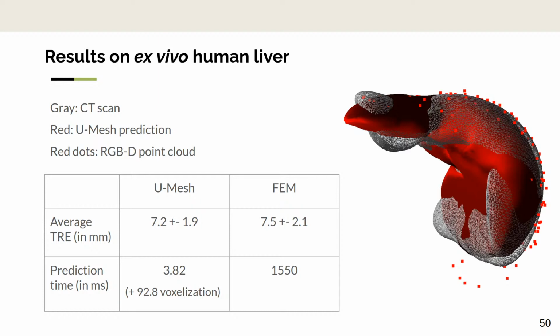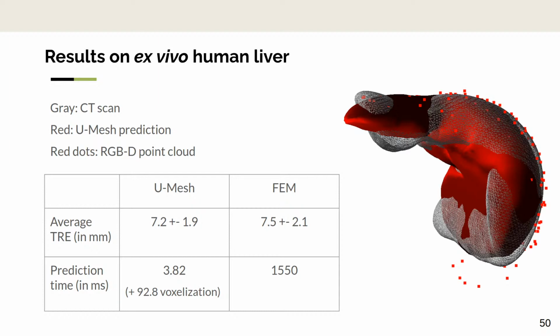Also, in the upper lobe we can see that there is a pretty big mismatch between the two shapes. This is due to the fact that the ex vivo liver was lying on a table and the lobe was slightly going up, which was not taken into account in our training, of course, and which is not really well characterized with this point cloud.